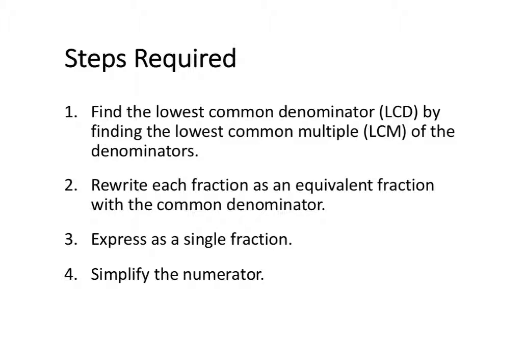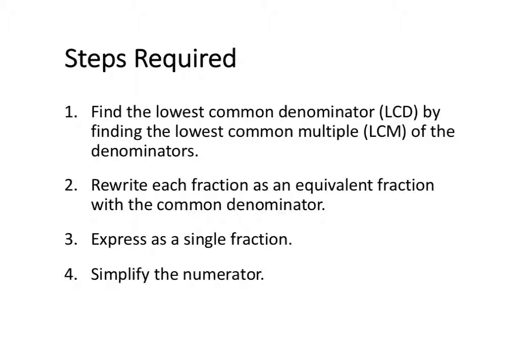If you cannot find a lowest common multiple, the easy way of doing this is multiplying your first fraction by the second denominator and multiplying the second fraction by the first denominator. If you complete that process, then you'll be able to find a common multiple and find a common denominator.